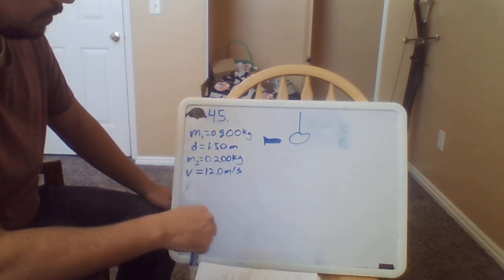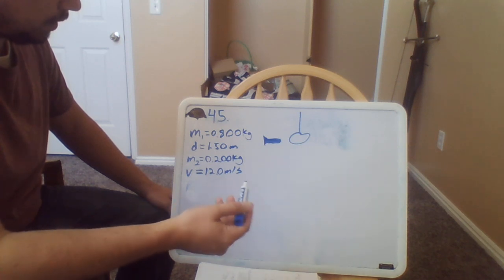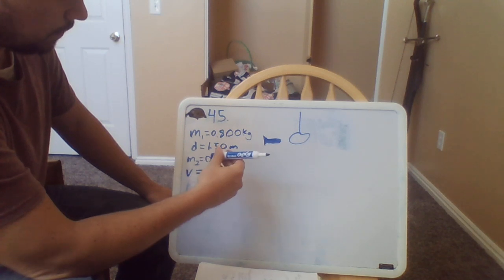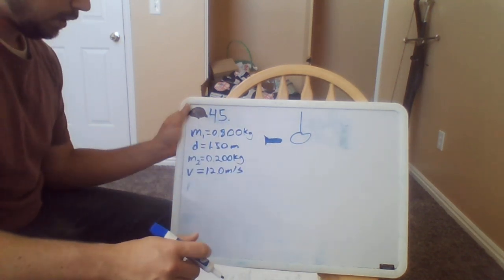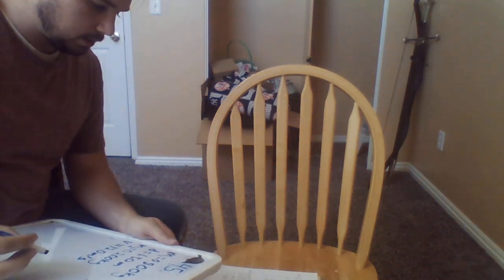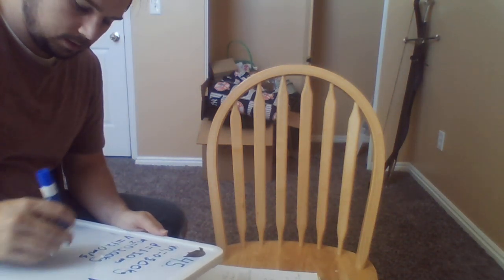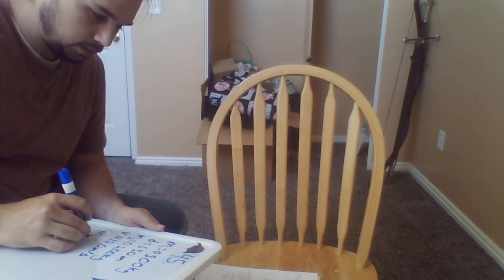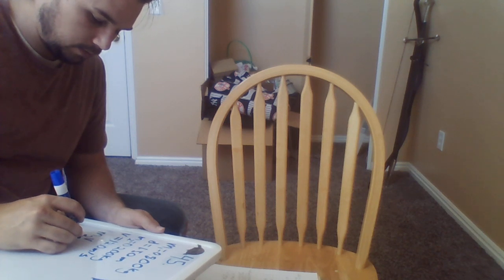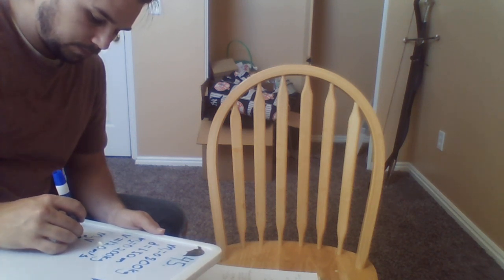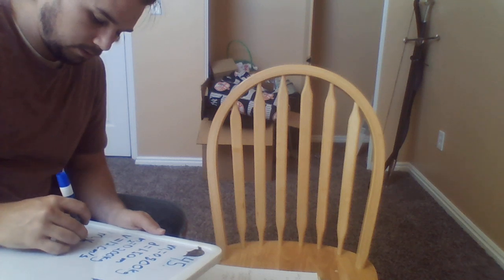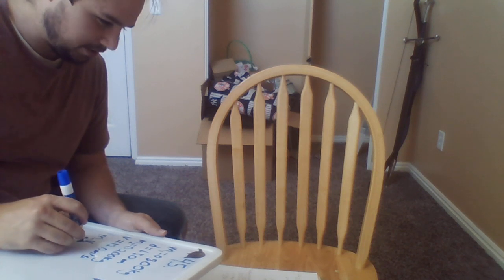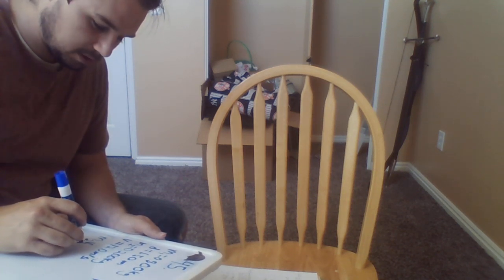So first, we need to figure out the velocity of these objects once the missile has hit the ornament. We're going to do that by saying the mass of the missile times the velocity of the missile, say v sub m, so let's say it's like a bullet, just to not have as many m's.